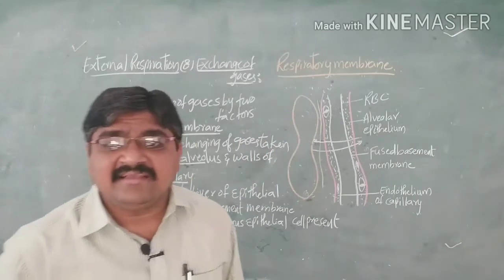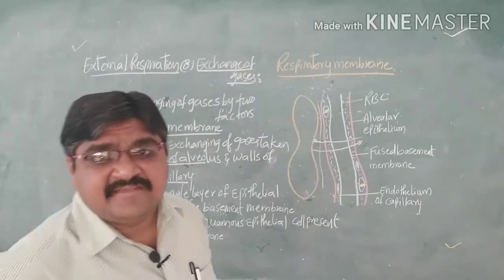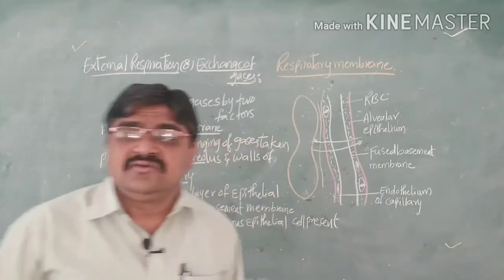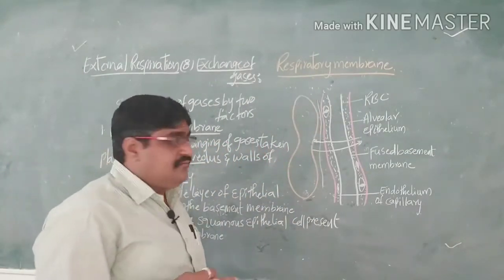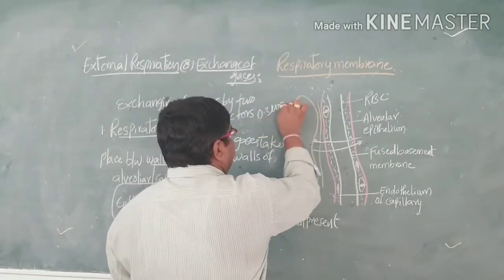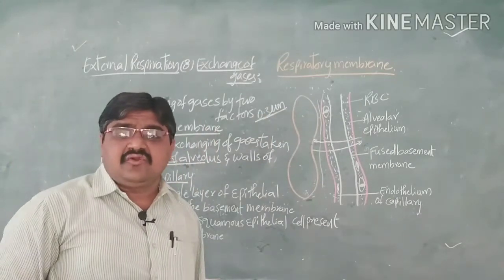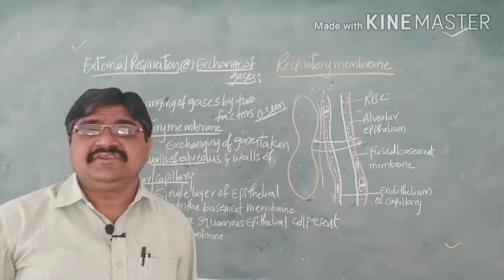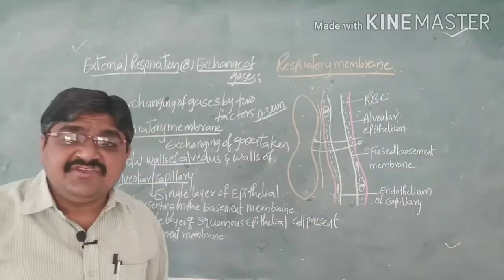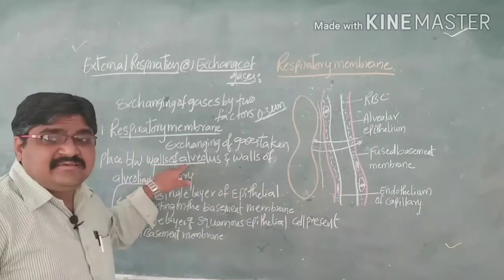That membrane is called the respiratory membrane, and with its help the exchanging of gases takes place. The respiratory membrane is very thin, 0.3 microns in length, and helps in the exchange of gases.